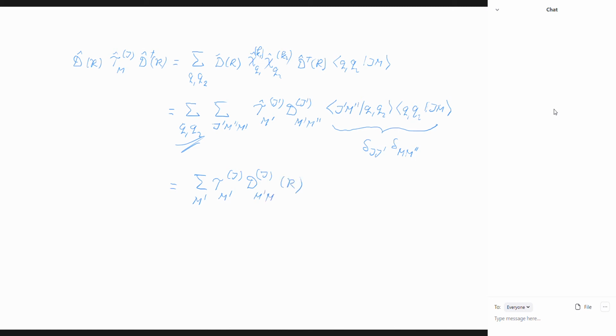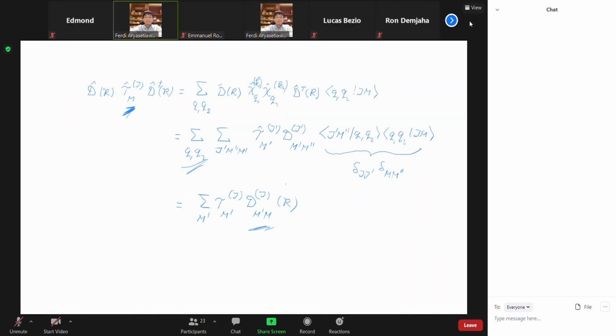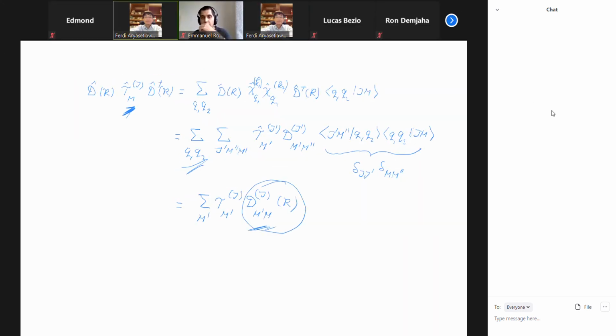Yes, so this object does indeed transform under rotation according to the irreducible representation D^J.